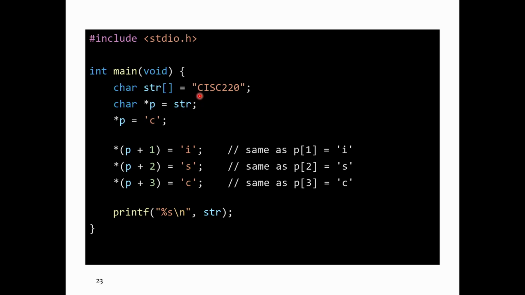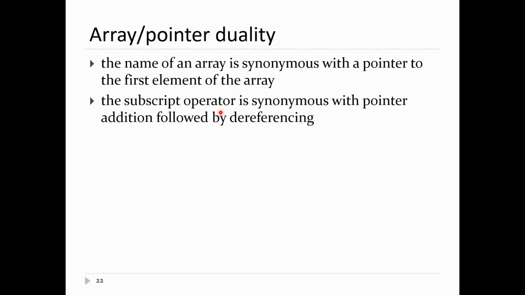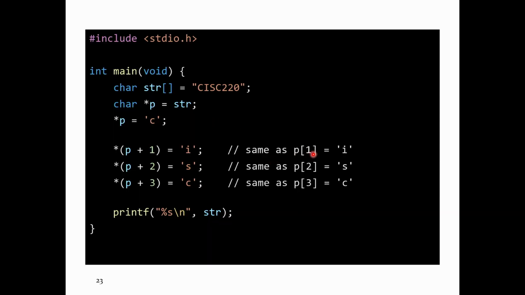Now, I can do the same thing. Remember, I said that the subscript operator is synonymous with pointer addition followed by dereferencing. So p1 is the same thing as taking that pointer p. Oops, wait, that's str1.